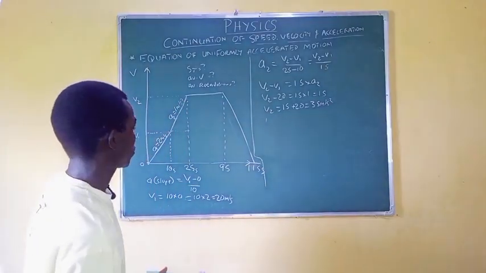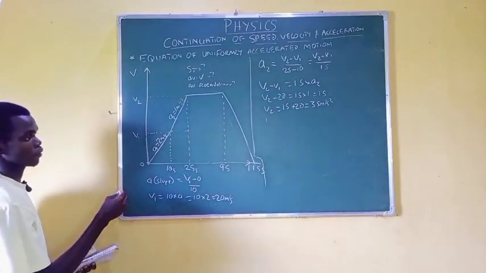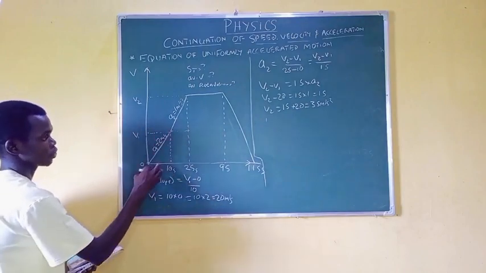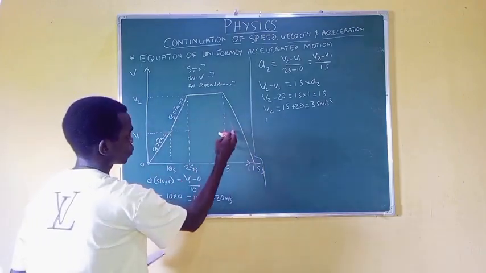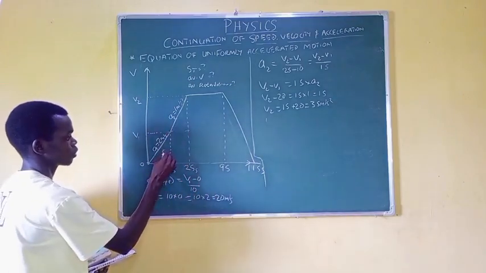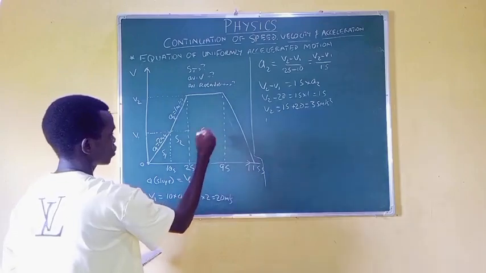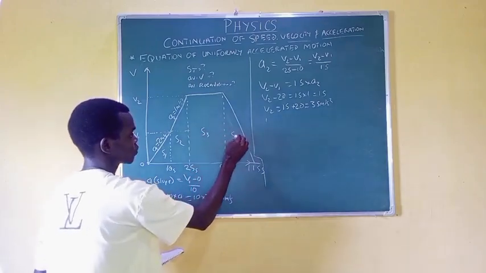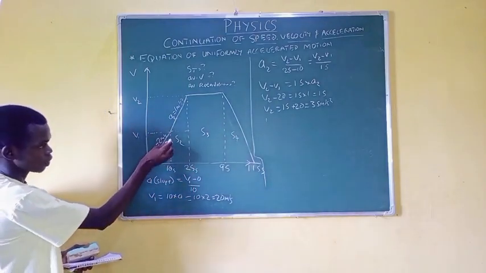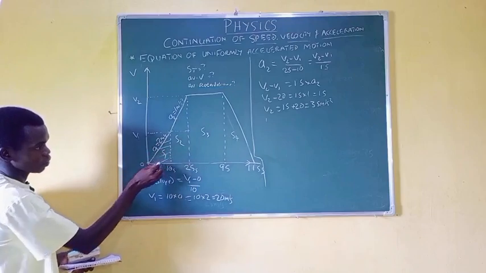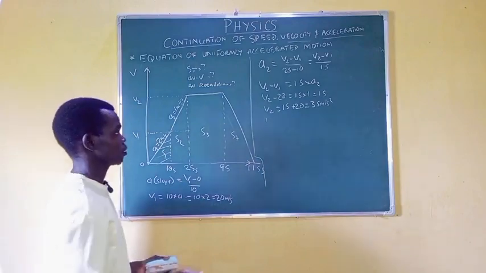Now, we'll consider distance: this first motion, the second motion, the third motion, and the fourth motion. Let's say S1 is for the first motion, S2 for the second one, S3 for the third one, and S4 for the fourth one. If we consider the area under this graph, this is a right-angled triangle.